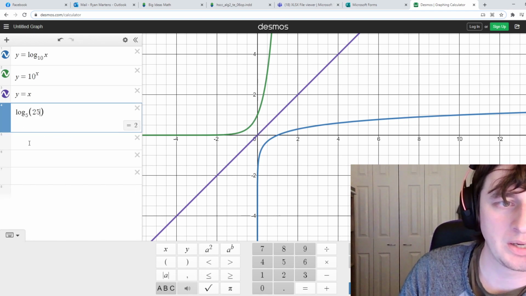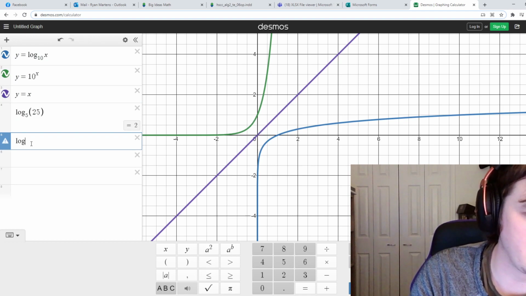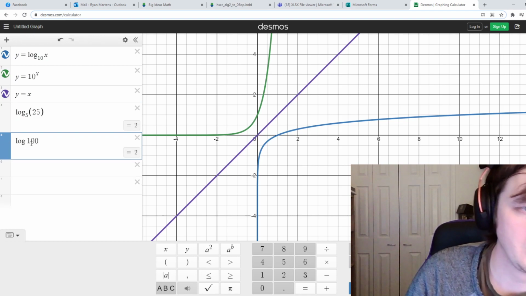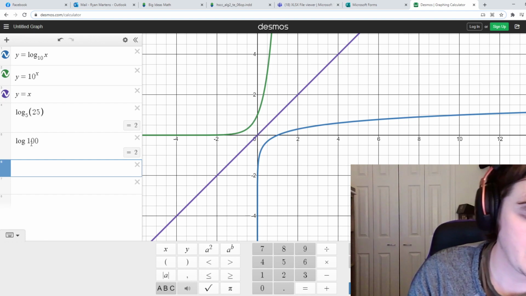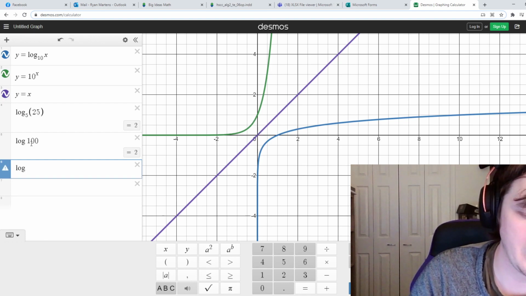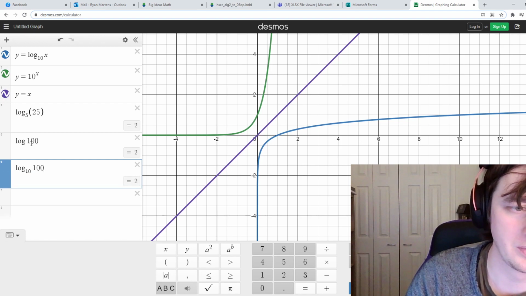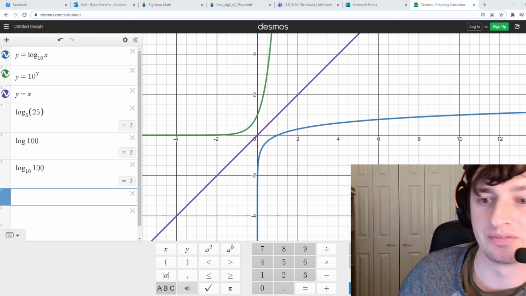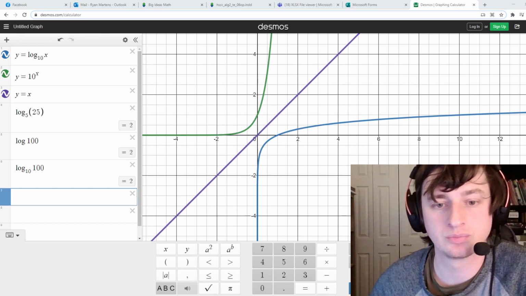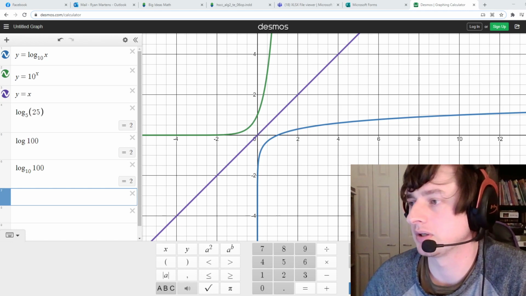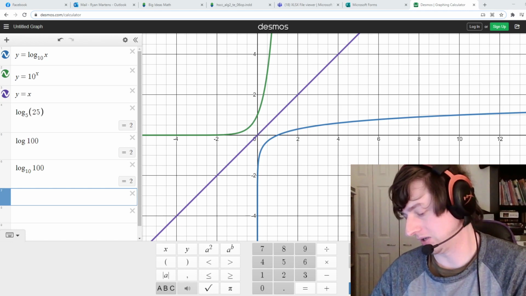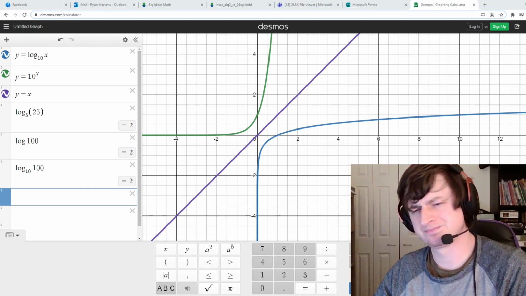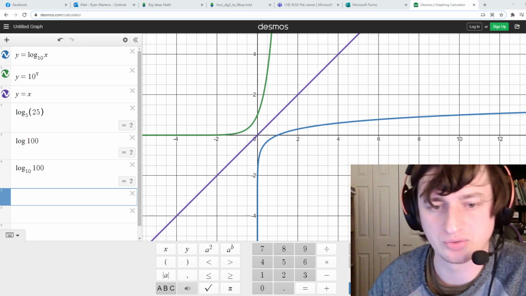Okay. Now what's happening when I do log of 100 is this is the same as log base 10. Base 10 is so common because we live in a base 10 world. We count to 10. We use our number system as base 10, mostly.